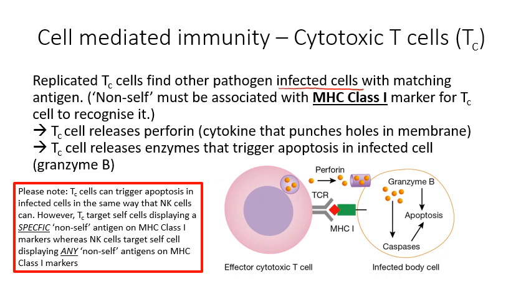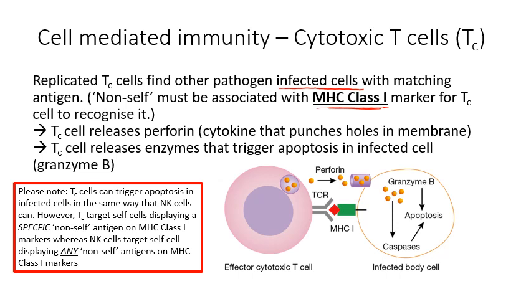The way that your cytotoxic T cells detect this is that there is actually part of the non-self pathogen associated with the MHC class 1 marker that we find on all of our cells.